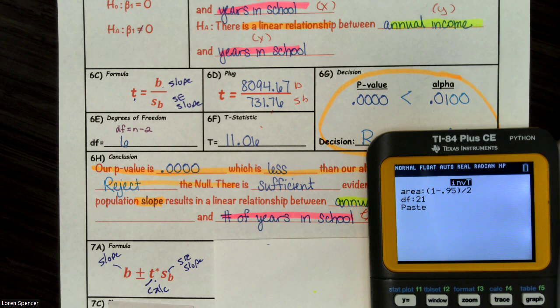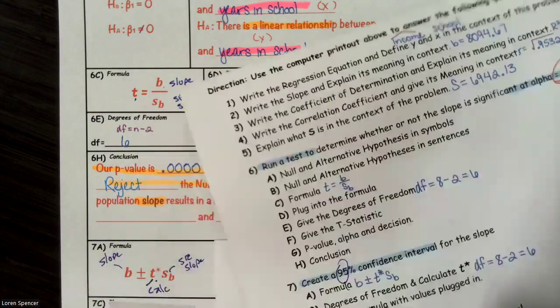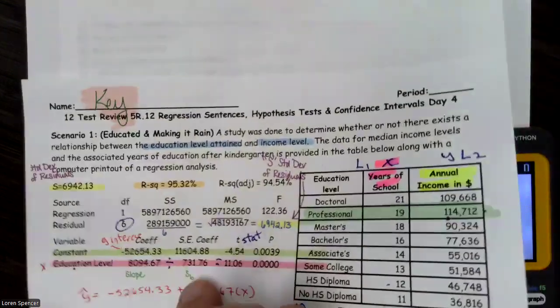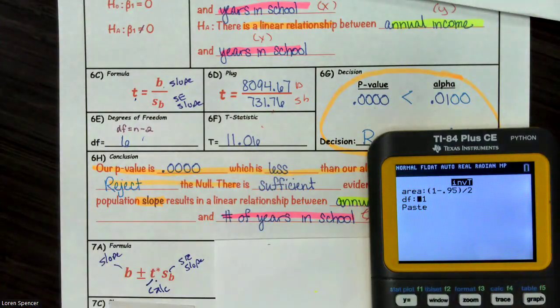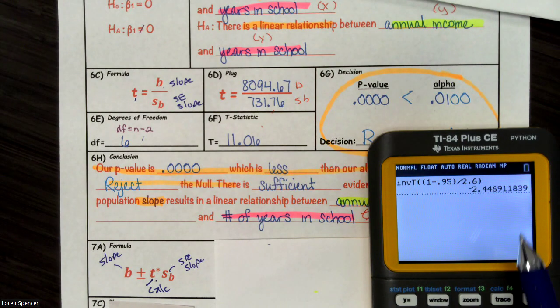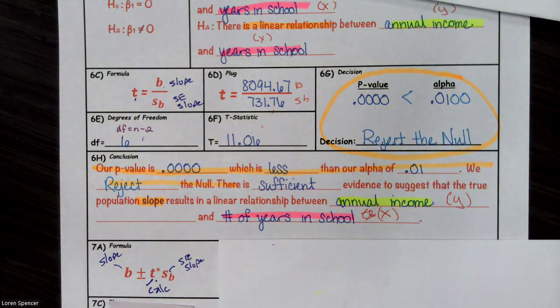And then they asked for my degrees of freedom. Well, my degrees of freedom was given to me here. We also wrote it up above, way up here. So my degrees of freedom is 6. And we get a 2.4469. Now it's negative, and we're positive people, so we turn negatives into positive all the time.